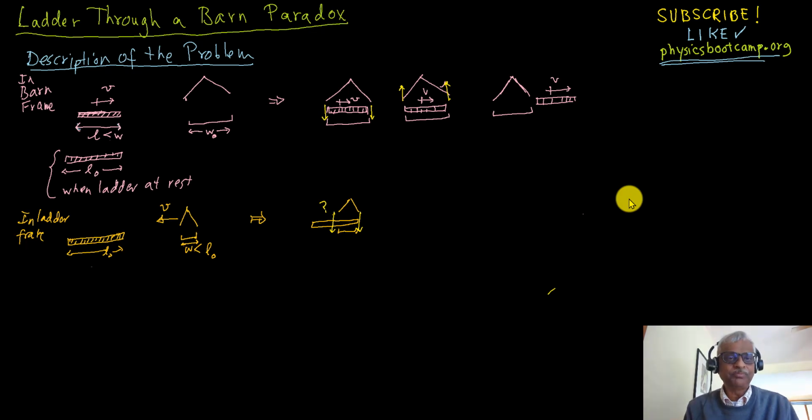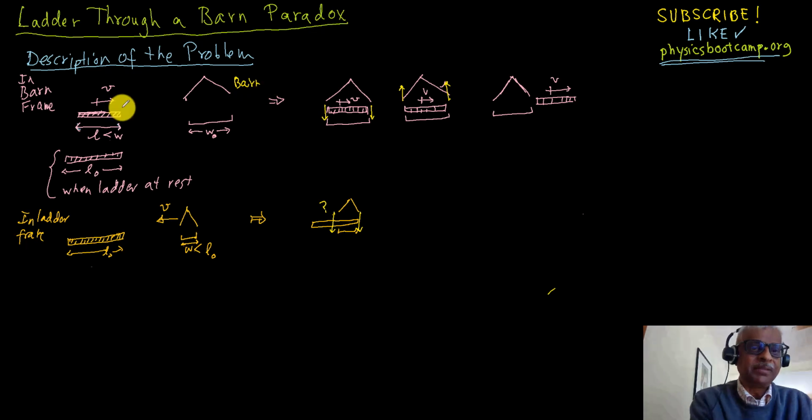Okay, so what it is: you have a barn. So this is the barn, and here is the ladder. It has two doors, door 1 and door 2.